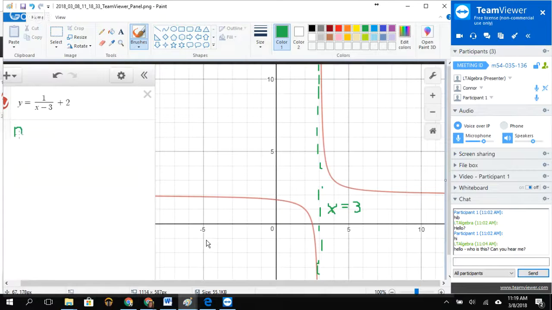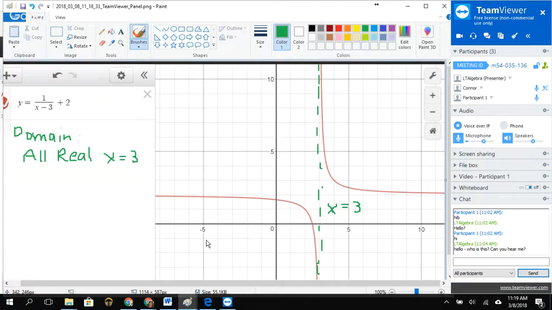All right, so the domain is going to be all real numbers, except when x equals 3. x can't equal 3.